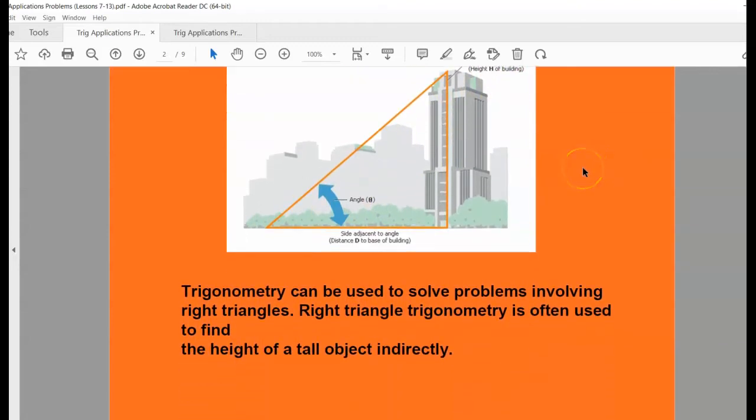So it says here, trigonometry, the study of triangles, can be used to solve problems involving right triangles. And many times we're using it to find the height of something. Now, next week when we meet, we'll be talking about triangles other than right triangles.